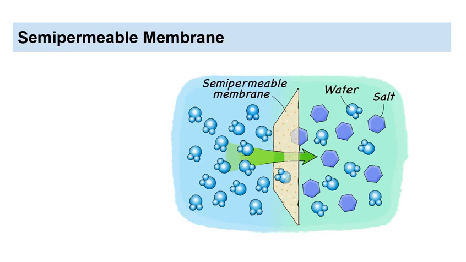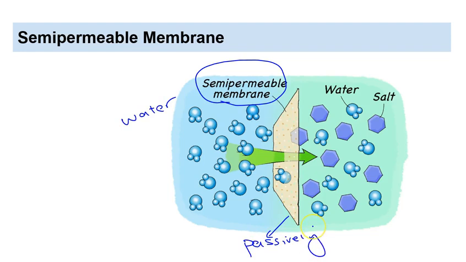So for example, in this picture, you can see the membrane is a semi-permeable membrane and is letting the water molecules passively diffuse through the membrane. But salt is not permeable to the membrane, so then we need to actively move the salt around, using some equipment, using some energy.